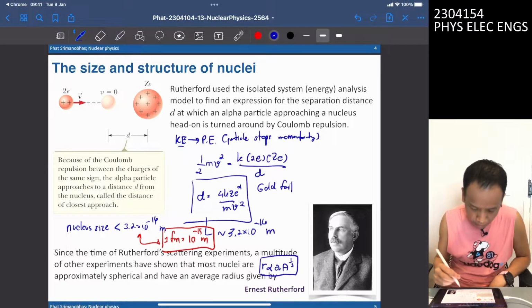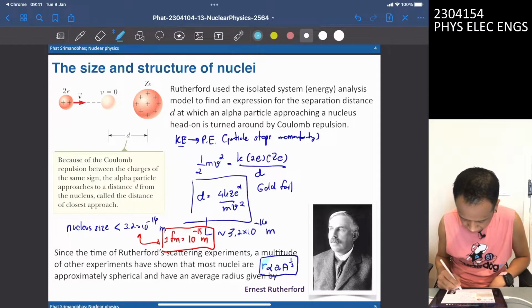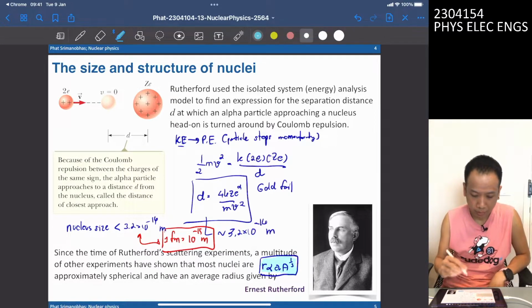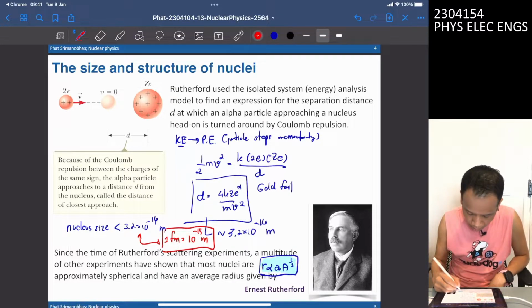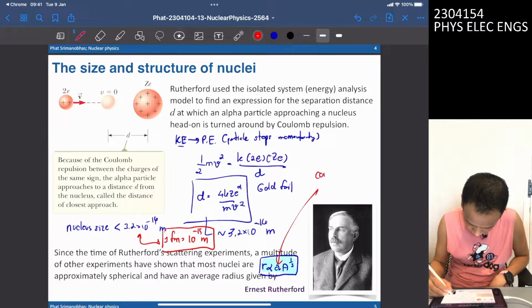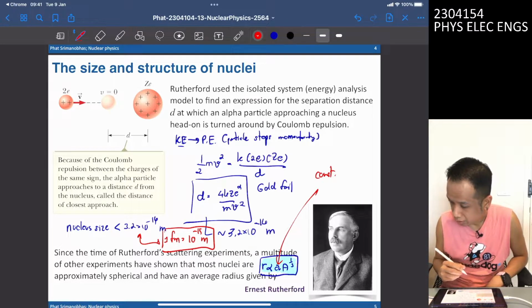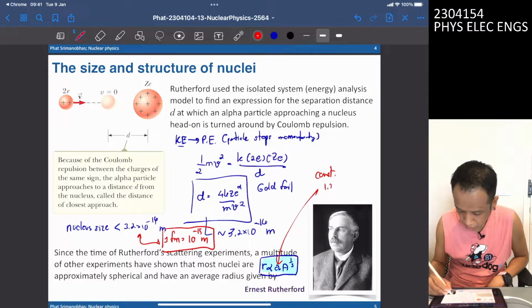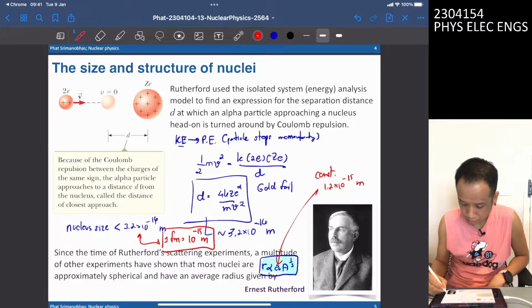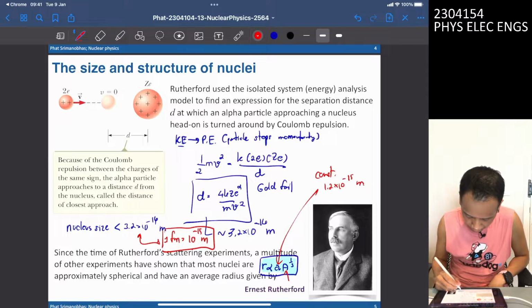So R equals R0 times A to the 1/3, where R0 is a constant with a value of 1.2 times 10 to the minus 15 meters, and A is the atomic mass.